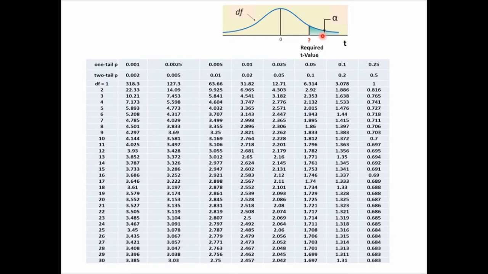The way this table is designed, the first column represents the degree of freedom. So any one of these values will represent the sample size minus 1. As a result, this column starts with value 1. Why 1? Because the smallest sample size will be of size 2, and the degree of freedom of that will be 2 minus 1, or 1.